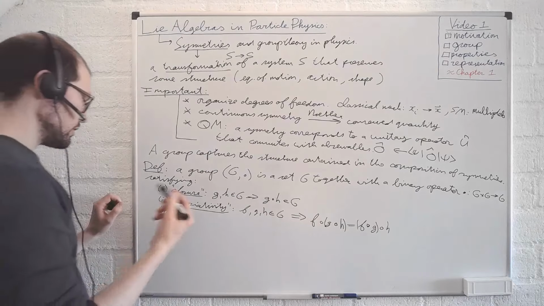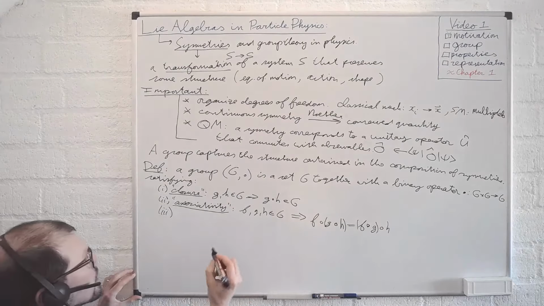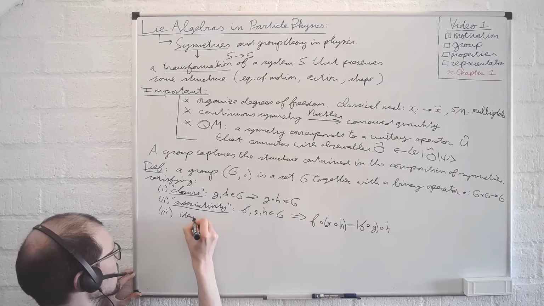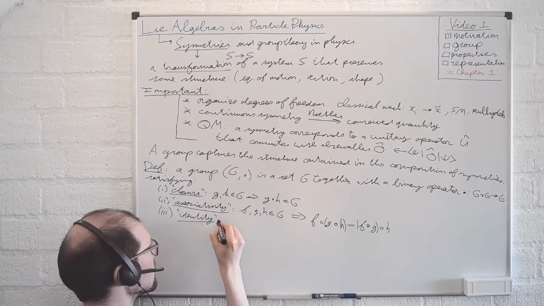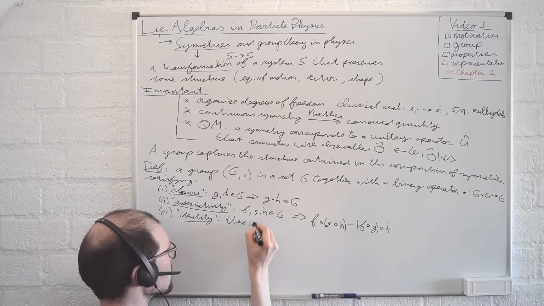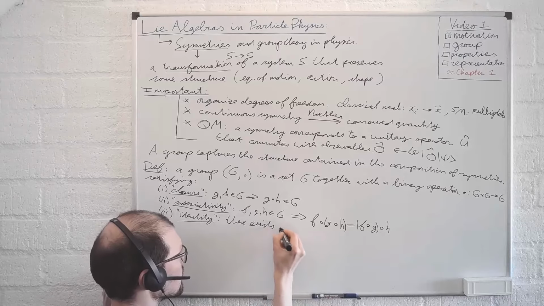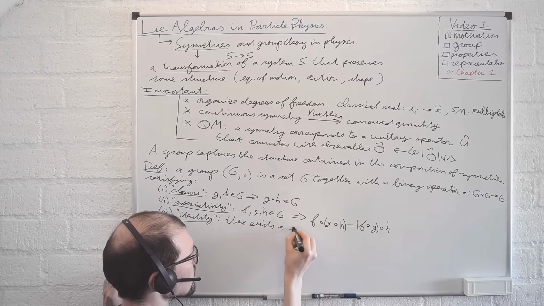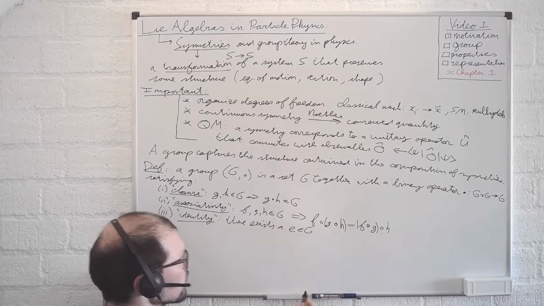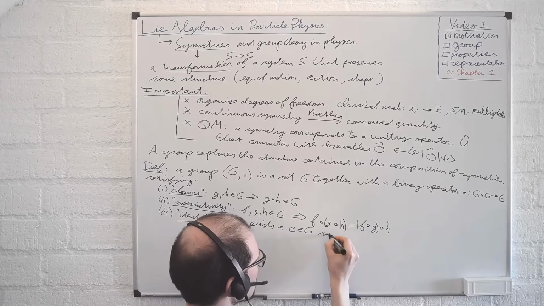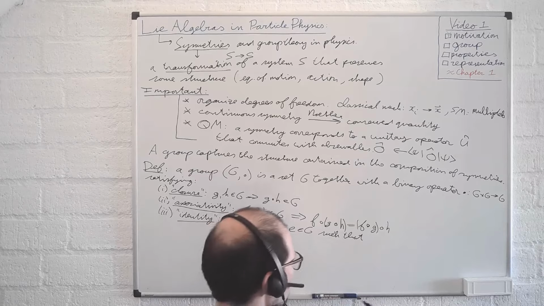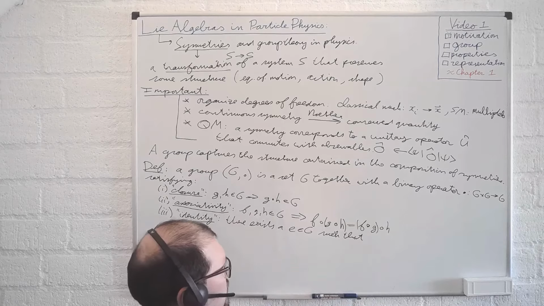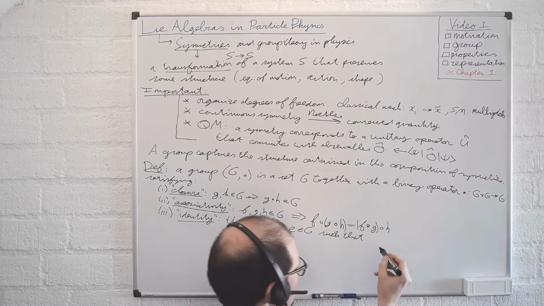The third axiom that I want to require is the identity, which is saying that there exists a special element E in the group such that composing with this identity element gives the same element again.